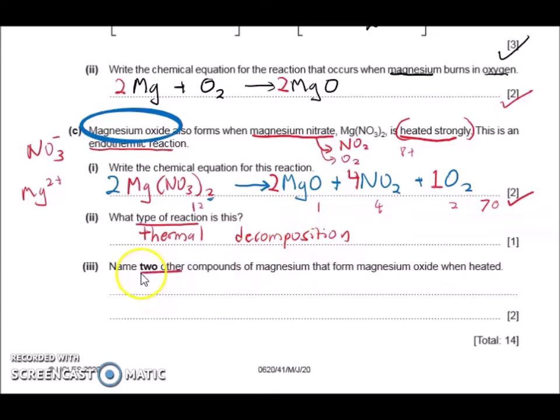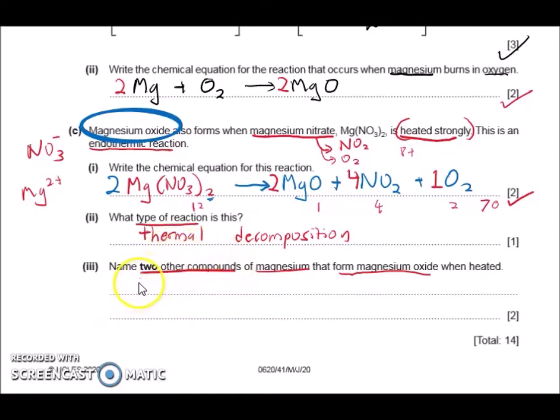Okay, name two other compounds of magnesium that form magnesium oxide when heated. So two forms. It can be magnesium, let me write it in full.